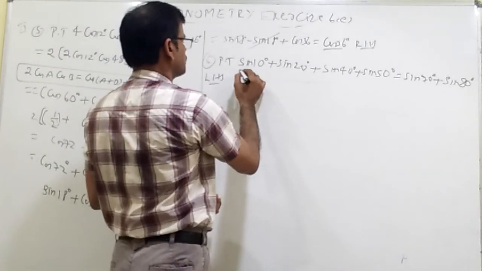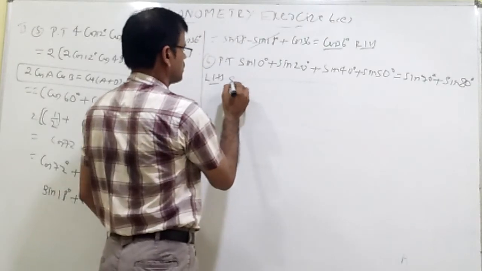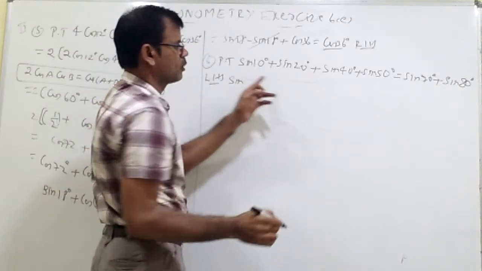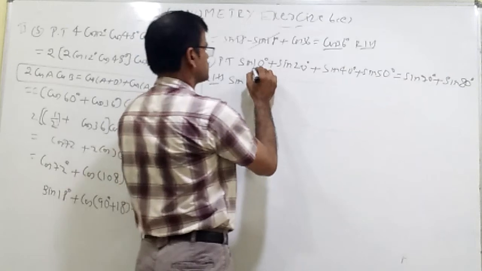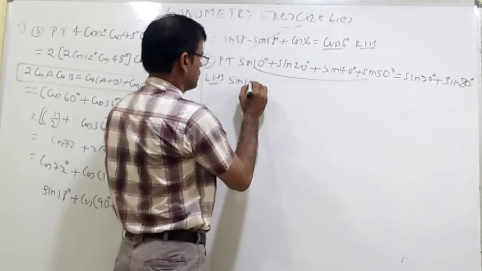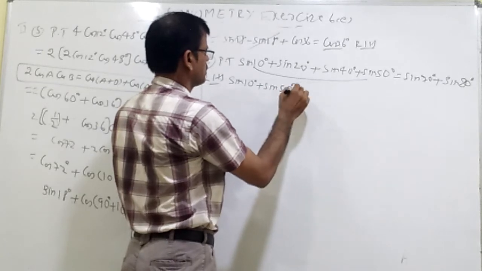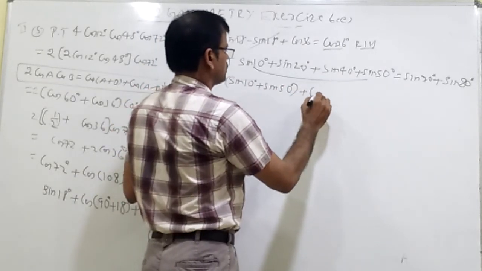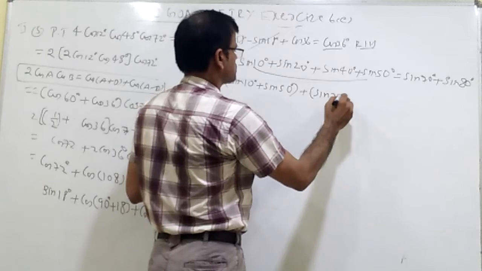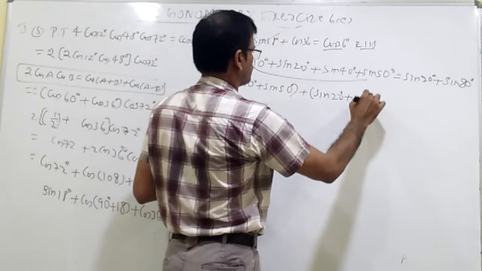Anyhow, we can write LHS: sin 10, 10 to 50, 60, 20, 40, 60. Like this we'll write. Sin 10 plus sin 50 take as a group, plus sin 20 plus sin 40 take as a group.